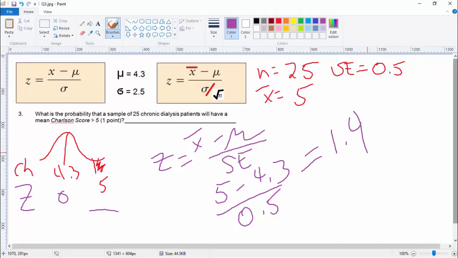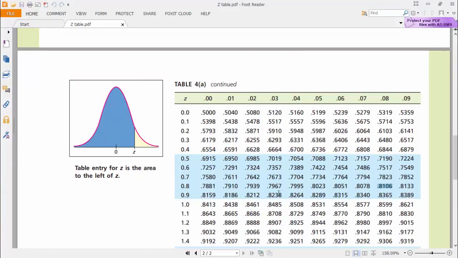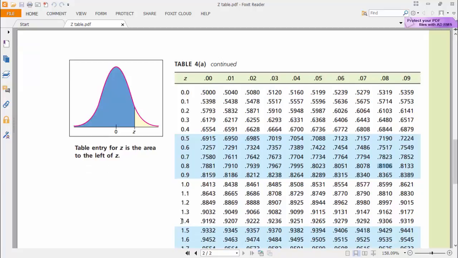That's kind of a biggie. All right, so that's a little bigger. So let's look up that one. So 1.4 is over here. Oh, here's 1.4. And notice how it's just plain old 1.4. If you did 1.40, well, actually, you just go over to the first one.